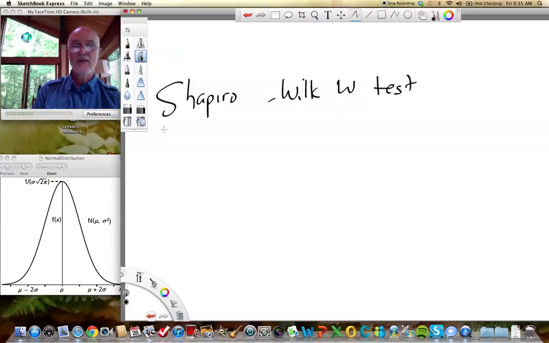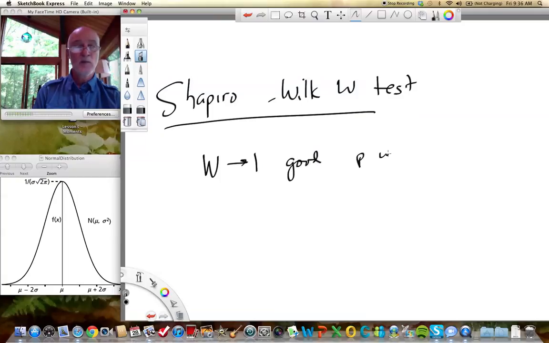And basically what the Shapiro-Wilk W test does is it asks the question, what is the probability that this was not drawn from a normal distribution? And so if W is close to 1, then that's good, and P will be high. In other words, the probability that we've got deviation from a normal distribution is low.